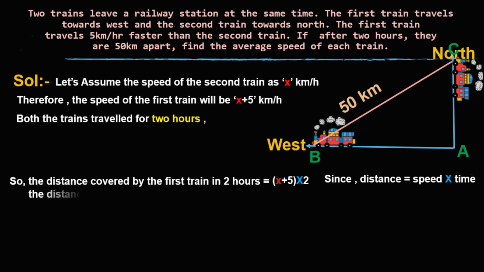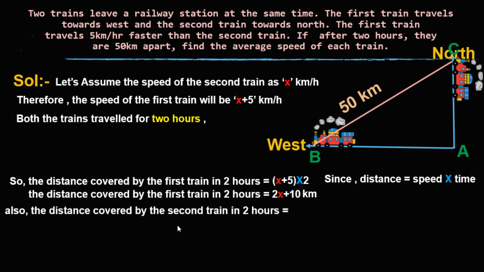By multiplying these two, we get 2x plus 10 kilometers. So 2x plus 10 kilometers is the distance covered by the first train, which is nothing but the length of side AB.